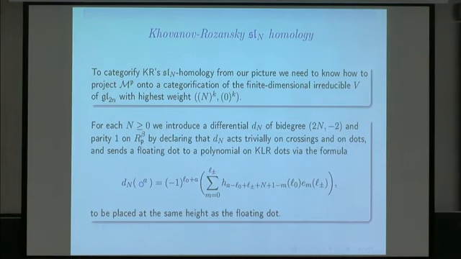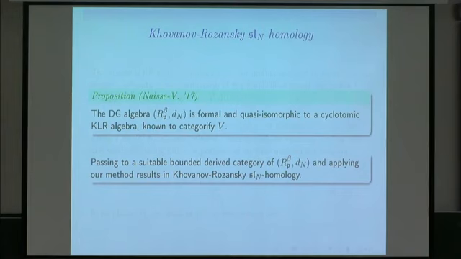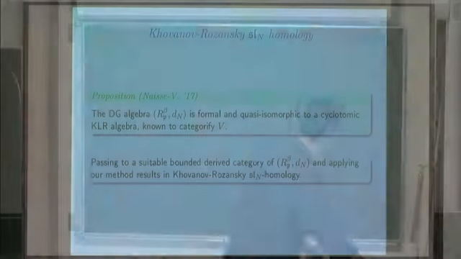Now, one can check that after introducing this differential, we get a DG algebra which is quasi-isomorphic to a cyclotomic quotient. Cyclotomic KLR is known to categorify finite dimensional representations. Let me just see what happens.